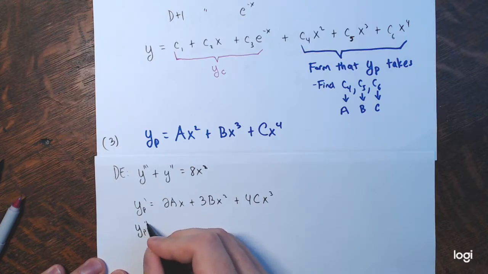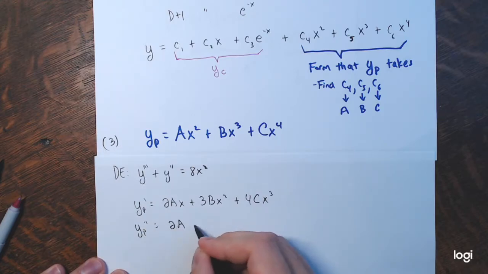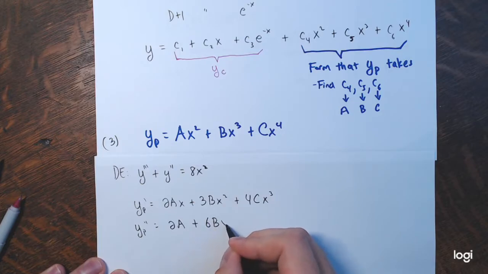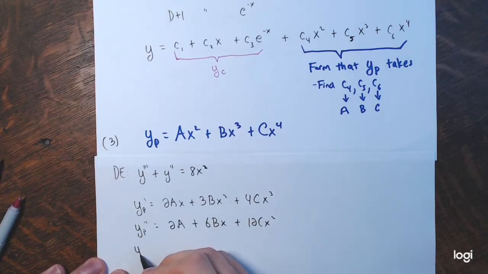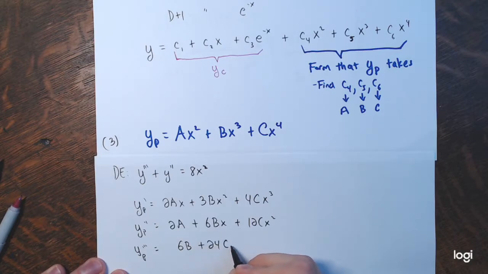The second derivative would be 2A plus 6Bx plus 12Cx squared. Then the third derivative would be just 6B plus 24Cx. Then I substitute these into the equation.